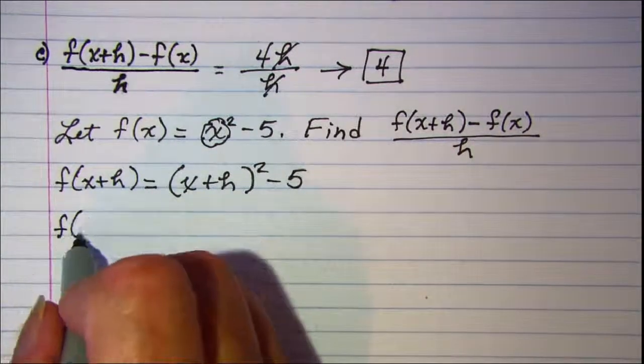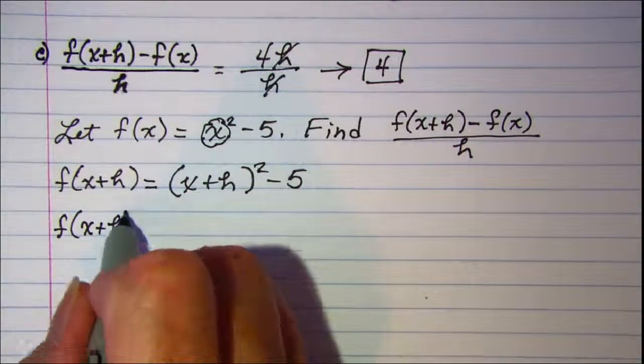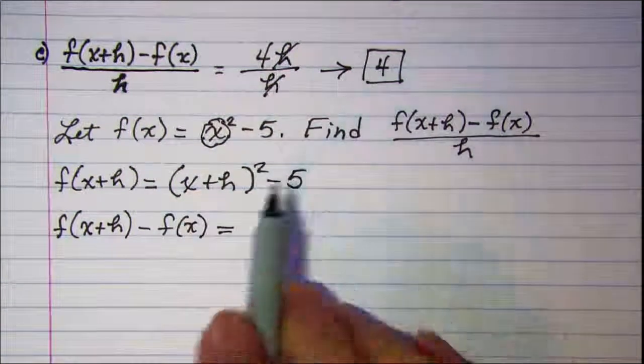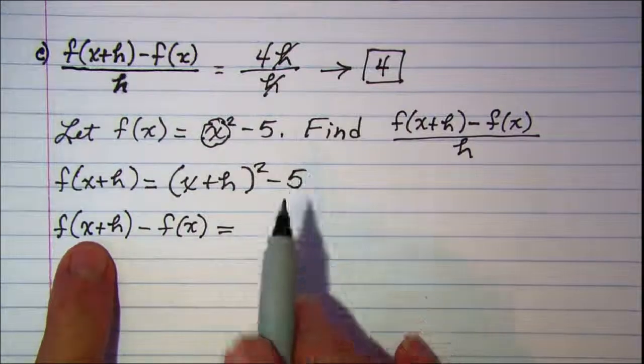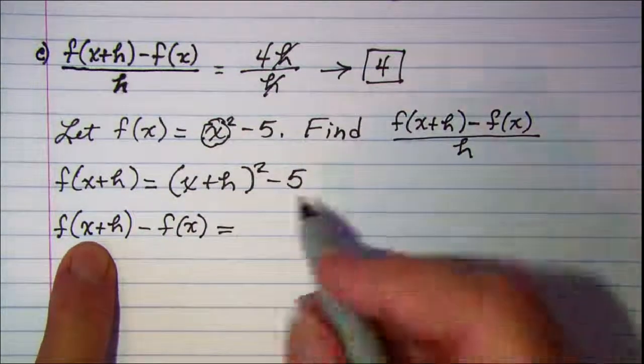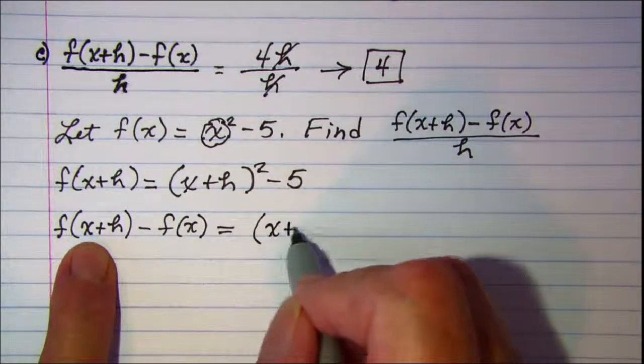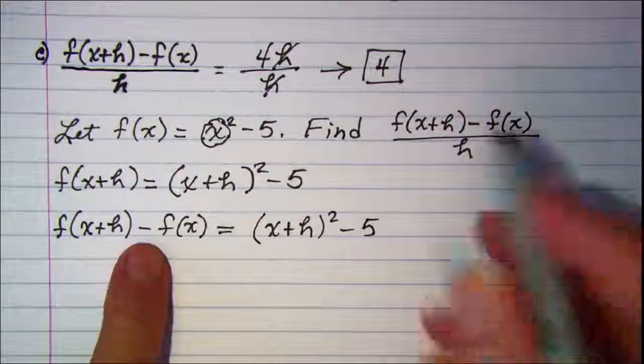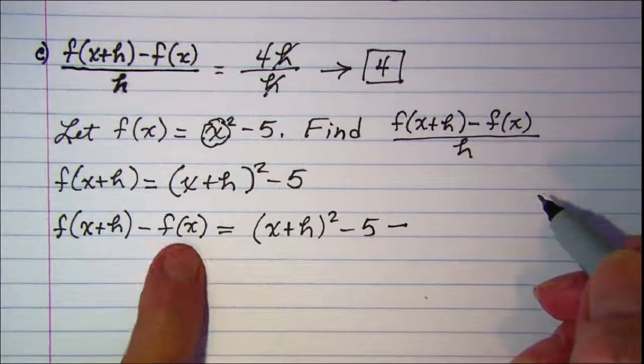So f of x plus h minus f of x. Well, we've already found f of x plus h. That's this expression here. And then subtract from that f of x.